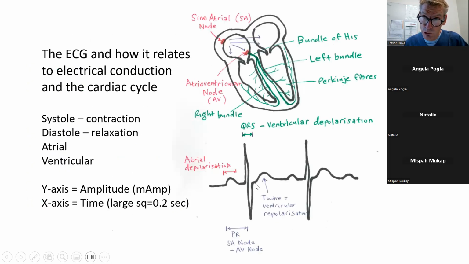If it's prolonged, it suggests there's some block somewhere in the electrical impulse going through the ventricles. Then the electrical impulse takes a slower path around the ventricle, and so the QRS complex is widened because it takes longer for the electrical activity to go fully around the ventricle.